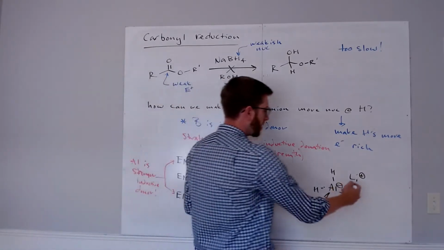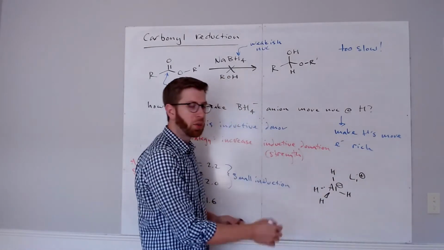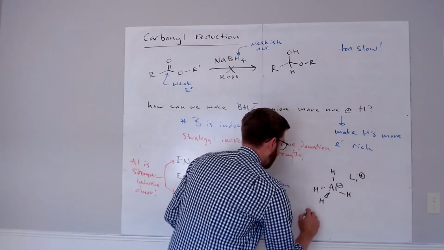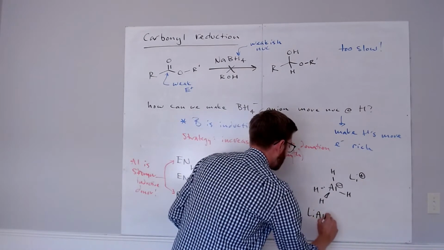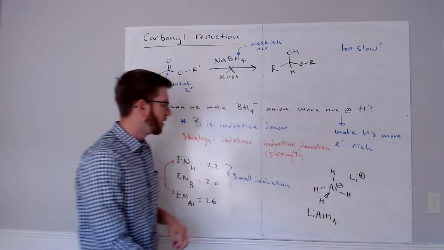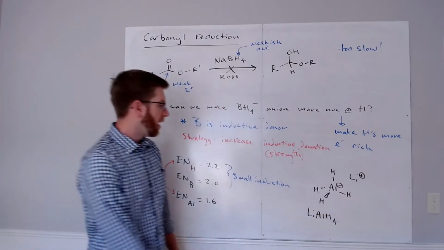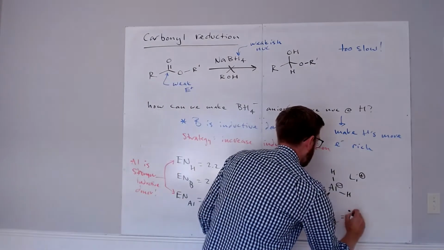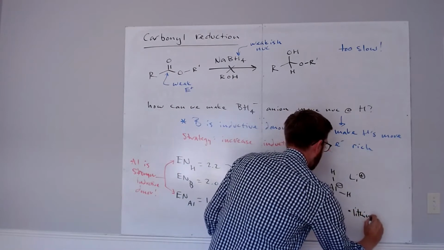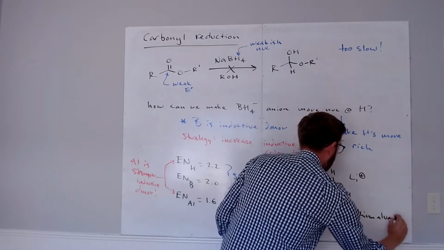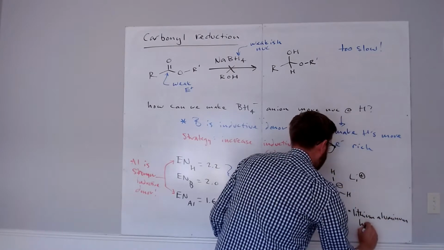So this reagent here, we could write structurally. We could also write it out by using just the elements, so kind of a molecular formula. So lithium, and then aluminum, and then some hydrogens. So we could call this lithium aluminum hydride.